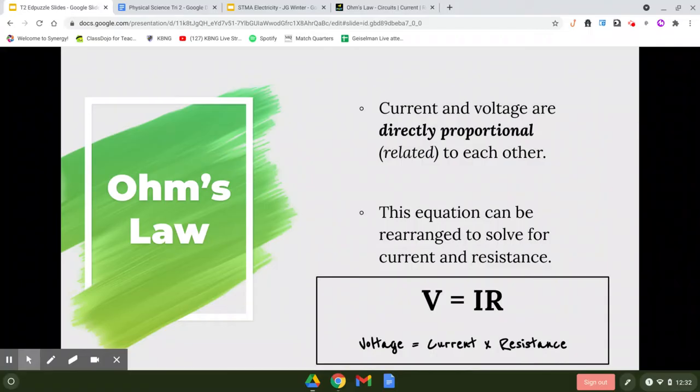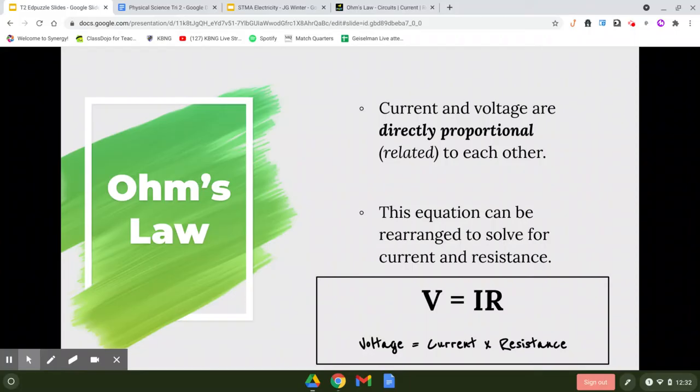So that leads us to Ohm's law. Ohm's law says that current and voltage are directly proportional to each other. This means the equation can be rearranged to solve for current and resistance. Or voltage is equal to the current in a circuit multiplied by the resistance.